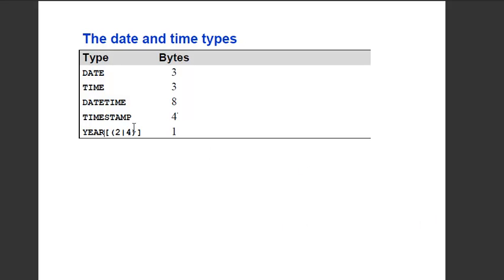This notation here enables us to define the year type to be either 2-digit or 4-digit format. The default is 4-digit format, and in 2-digit format we are truncating the first 2 digits, and we can go from 1970 up to 2069.